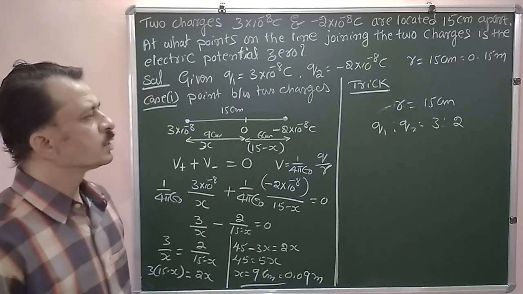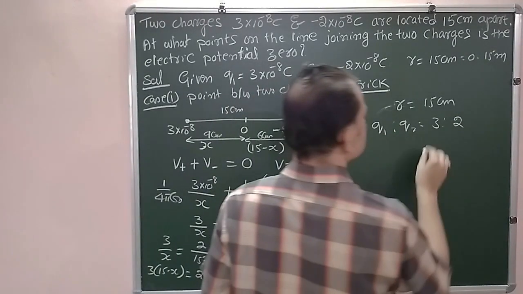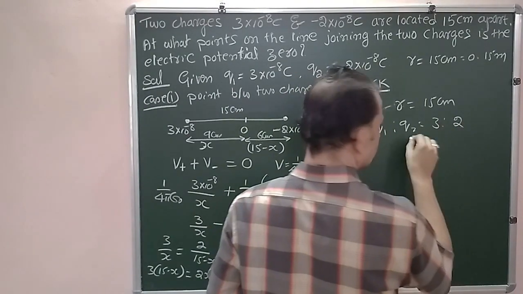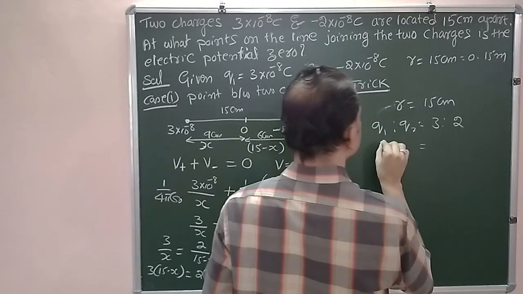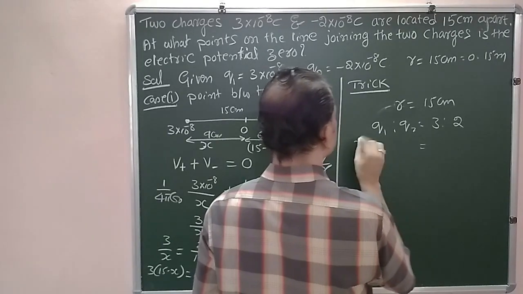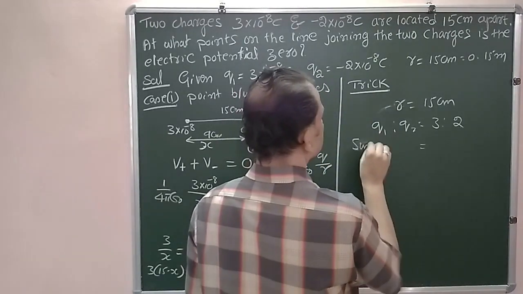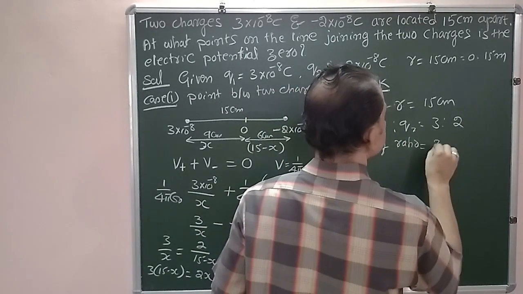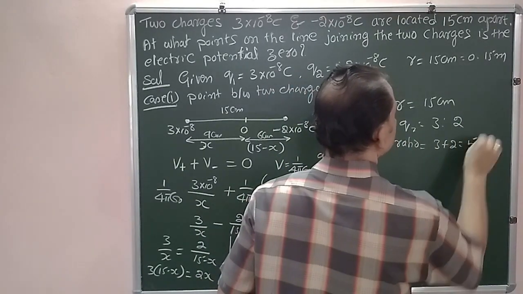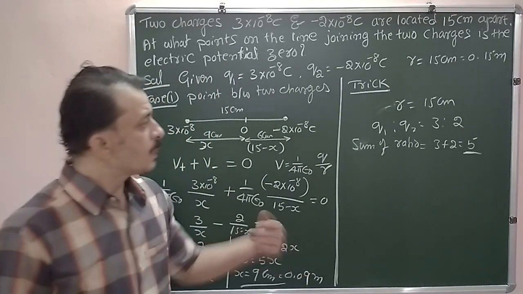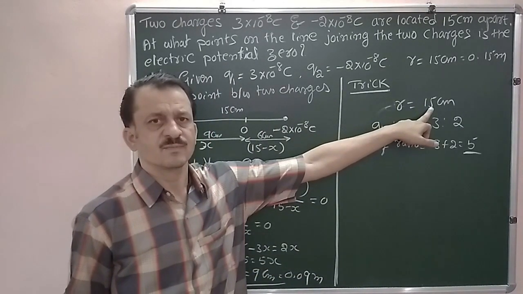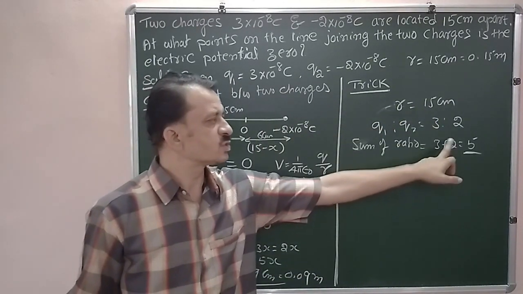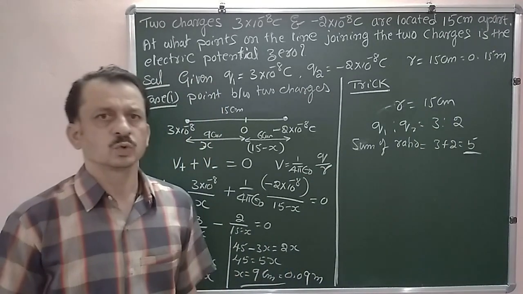Okay. So sum of the ratio of the charges is 3 plus 2 is equal to 5. Now divide this distance in the 3 is to 2 ratio.